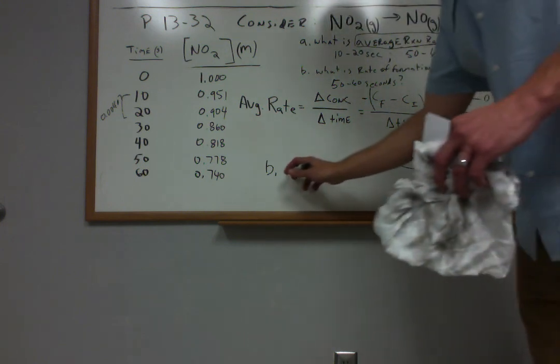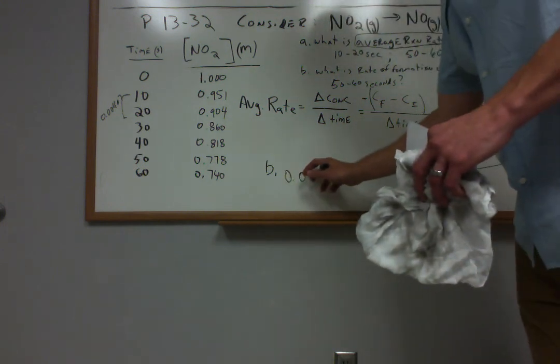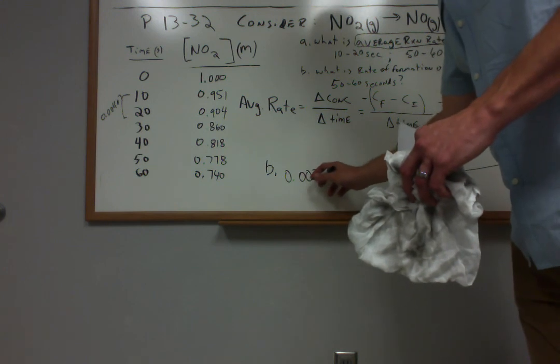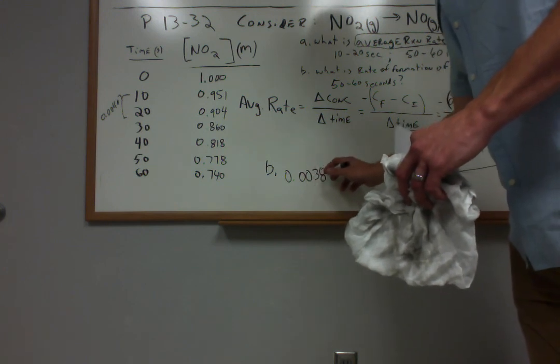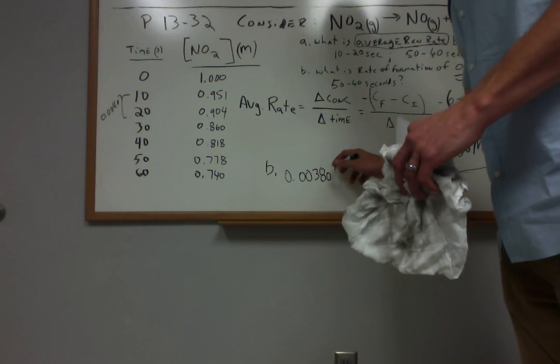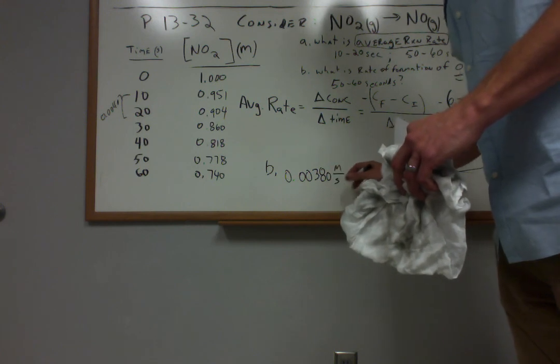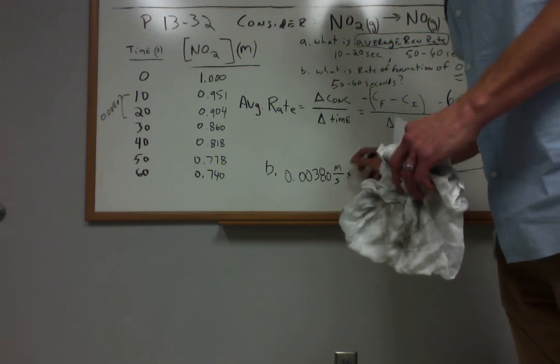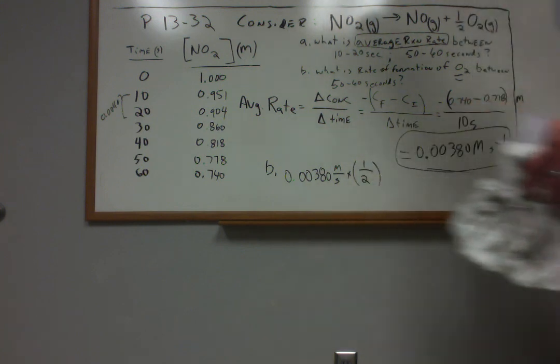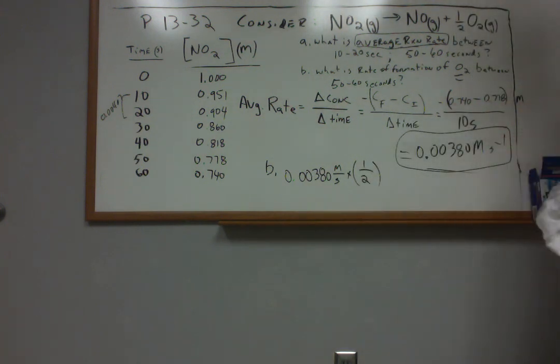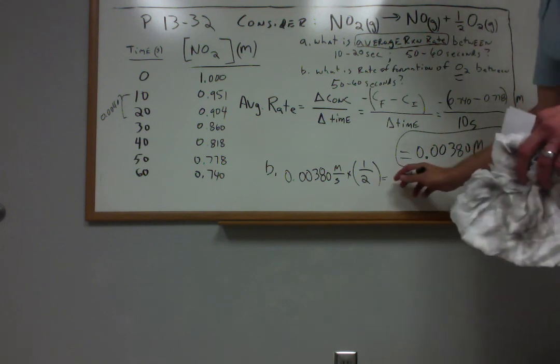So if our reaction rate over the specified time period is 0.00380 molar per second, doesn't it make sense that we need to multiply that value by 1/2? Because this only forms at half the rate that the other decomposes, by virtue of the stoichiometry.